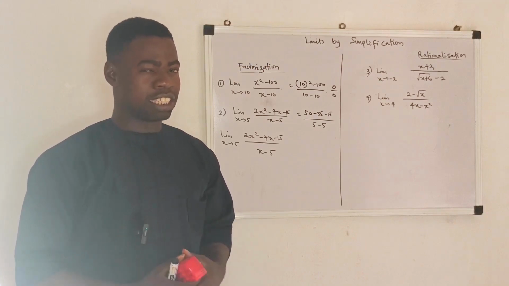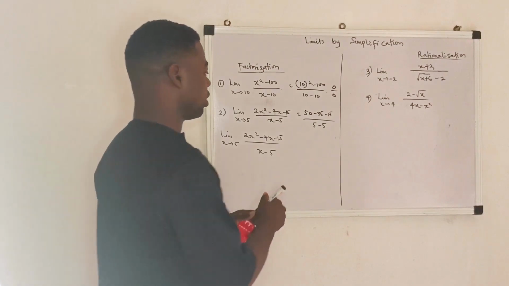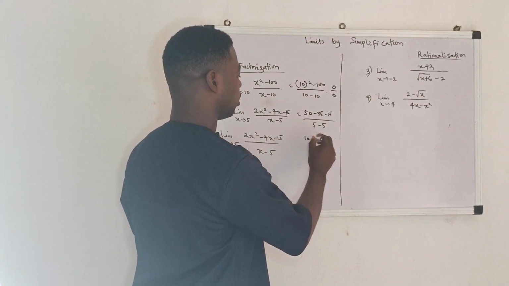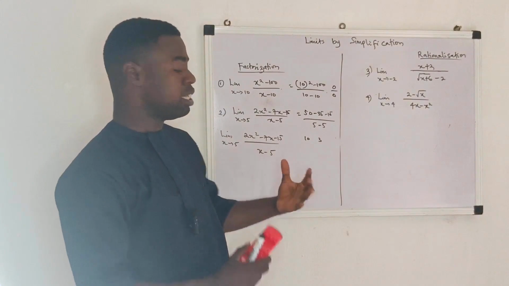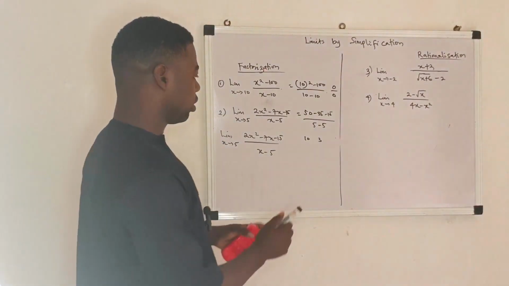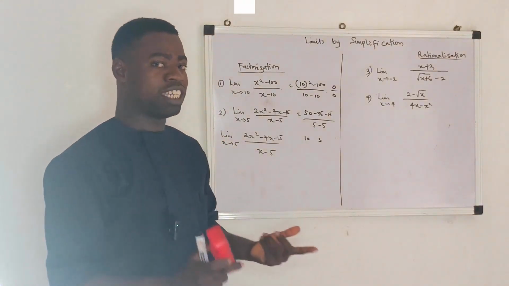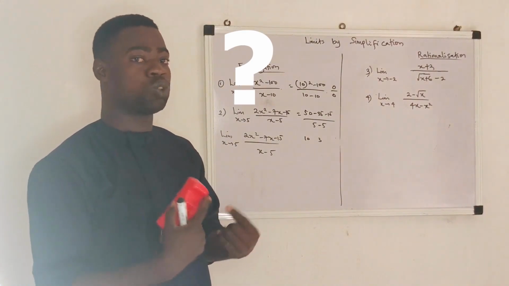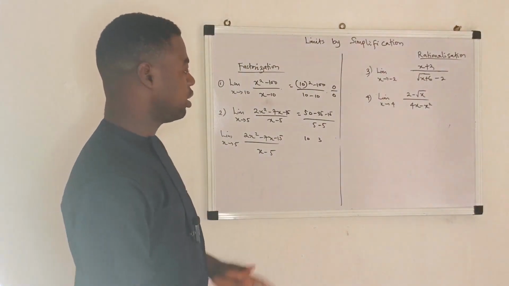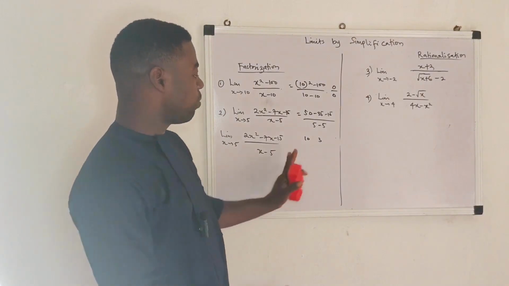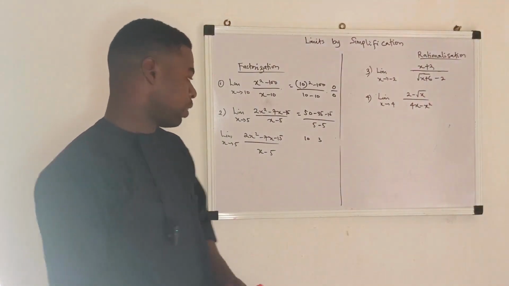Yes, 10 and 3. But how do we put signs on them? 10 times 3 is 30, but we need minus 30, so one of them has to carry a negative sign. Which one, such that the two of them add up to minus 7? You're right, 10 is supposed to carry the negative sign. So what you have is minus 10 and 3. Those are the two numbers to use for the factorization.